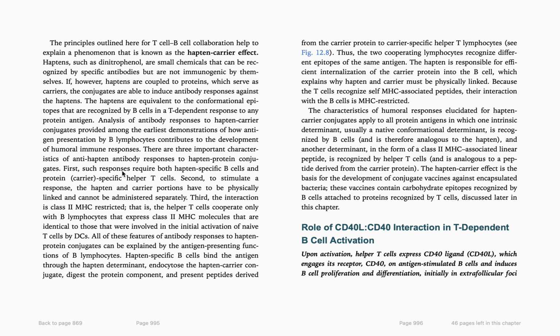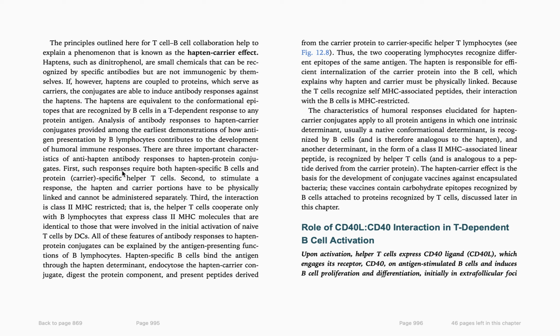There are three important characteristics of the antibody response to hapten protein conjugates. First, such a response requires both hapten-specific B cells and protein carrier-specific helper T cells.